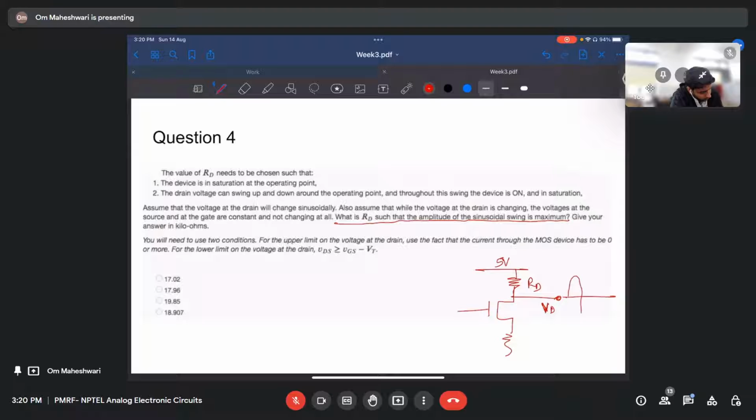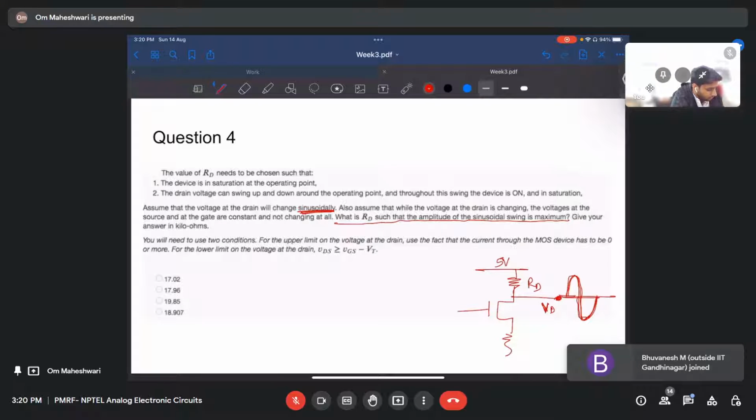There's an AC component that is swinging sinusoidally, right? They have written. So what should be the DC voltage here such that these swings do not always keep them in saturation, right?